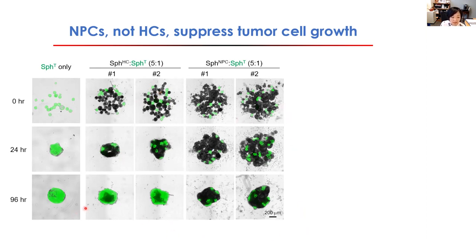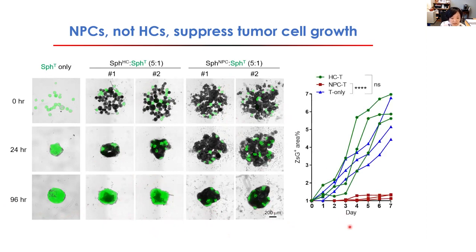And again, very obviously, the tumor cells that are mixed with hepatocytes grow very quickly. This is after 4 days. You can see that the co-spheroid is pretty much all GFP. But the tumor cells that are with NPCs are just there. They don't really change much at all. And then again, the quantification.